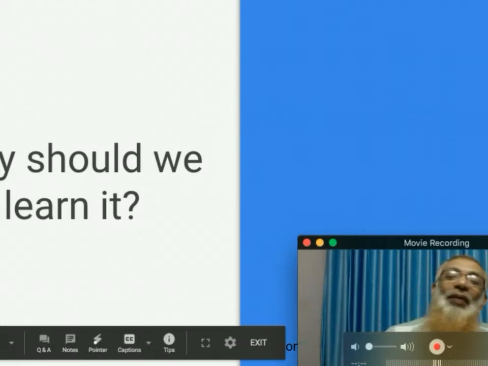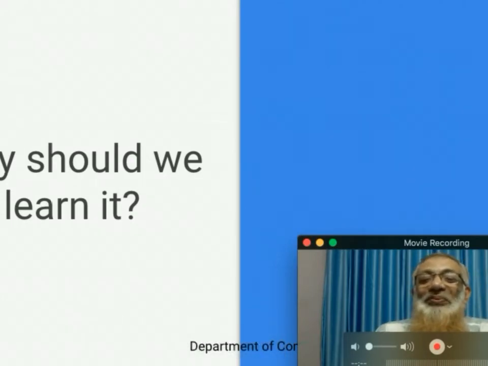Again, we come back to you. Why do we have to learn this? If you look at the syllabi and curriculum of all major universities in the world, you can see a flavor of compiler design in either the UG or PG curriculum.